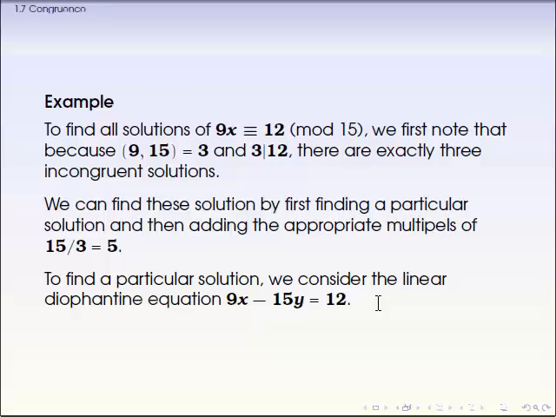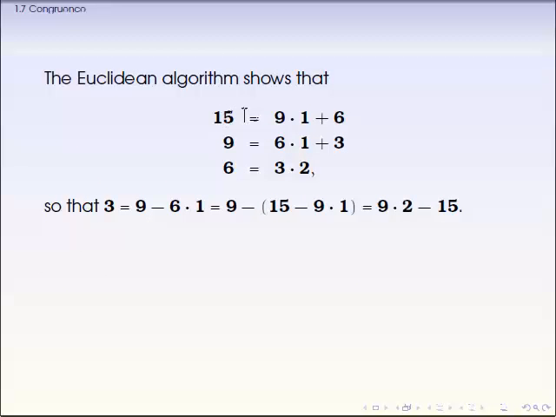Then divide the larger number by the smaller number. So 15 divided by 9 gives remainder 6. Then divide this divisor by the remainder from the first equation. So divide 9 by 6, and the remainder will be 3.